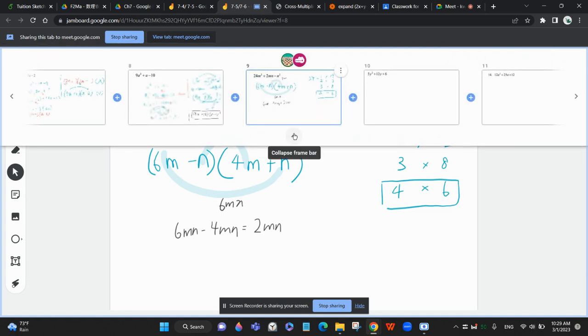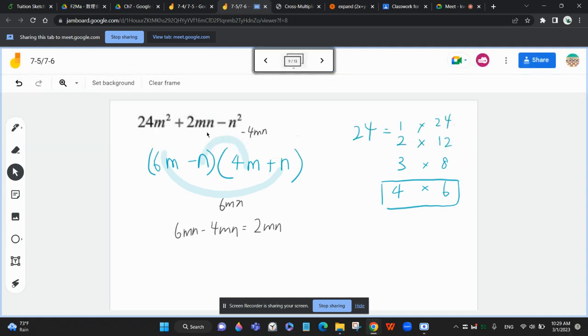So you need to factor the first term and the last term. Usually they will make one of the sides easier to factorize. Like the n square is easier to factorize. You can just split it to positive n and negative n.